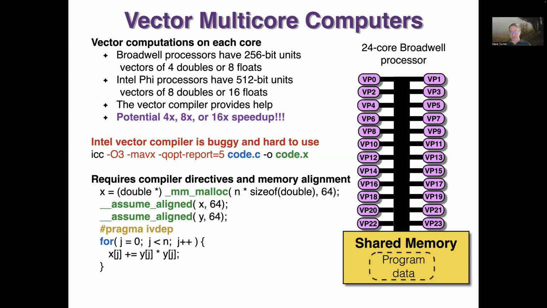And today's more modern vector units can do, I would say, simple stuff in vector. But as you see, the vector speedups are much smaller. They can do 4x, 8x, or maybe 16x speedups, but it takes a lot more work.